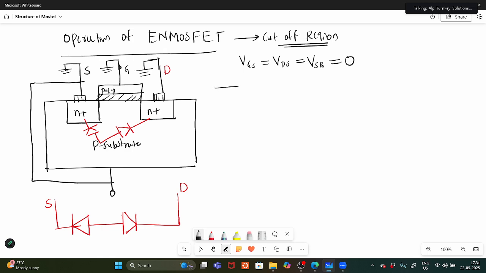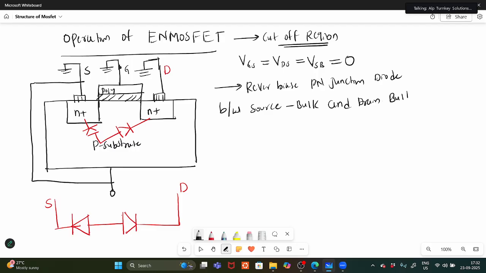It will act as a reverse bias PN junction diode, between the source and bulk, and drain and bulk. So two PN junction diodes connected back to back.